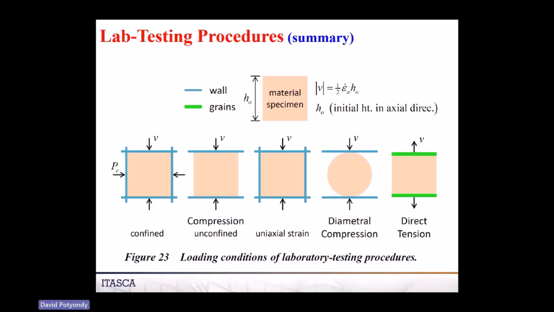So here's a summary of the types of tests that we would do, just showing it in 2D. Here would be a confined test. This would be the biaxial 2D version of a triaxial test. We have walls all around. For the side walls, we have a servo mechanism that's continuing to maintain a confining pressure, and we move the walls up and down.